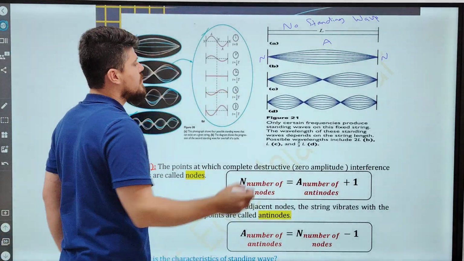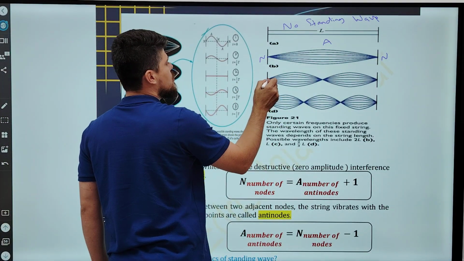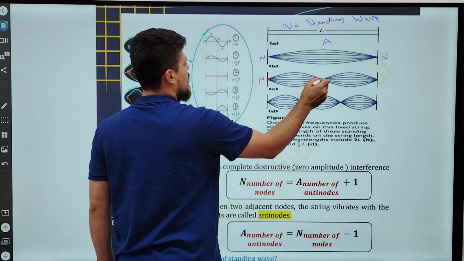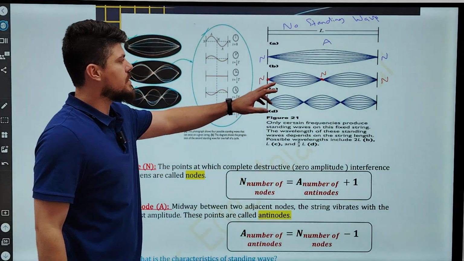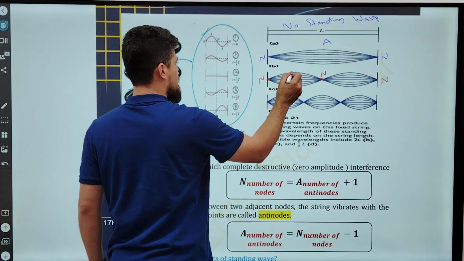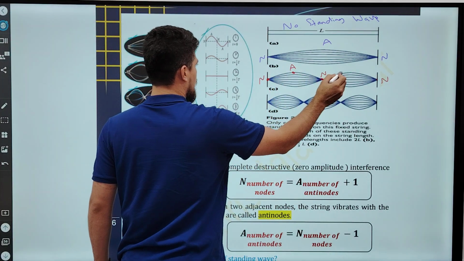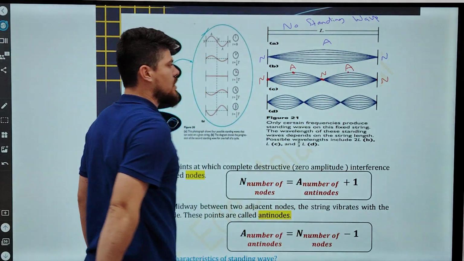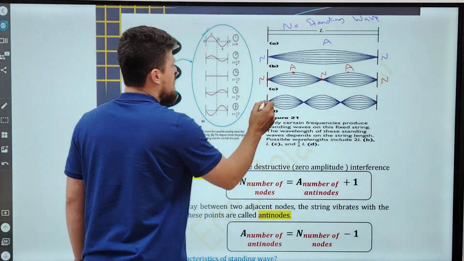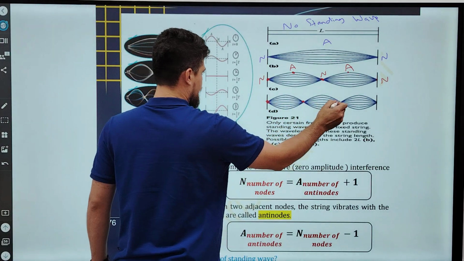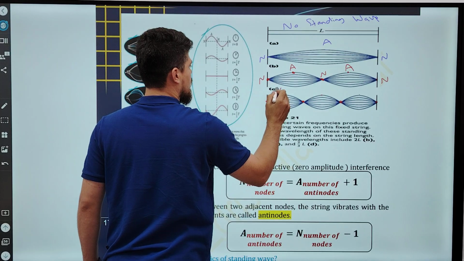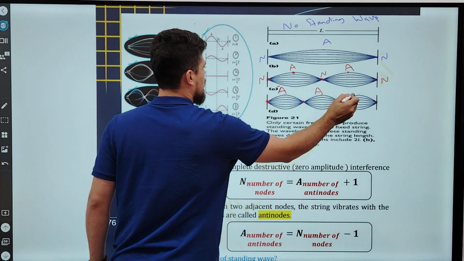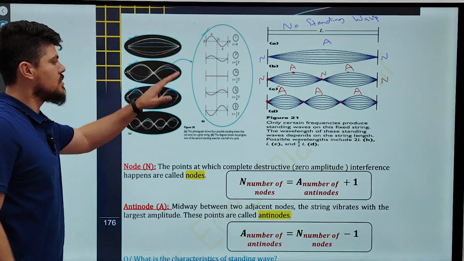The third one, figure C, how many nodes do we have? 1, 2, 3. Okay, the dot represents the node. The maximum displacement, how many antinodes do we have? 2 antinodes. Figure D, how many nodes do we have? 1, 2, 3, 4. How many antinodes do we have? 3. This is antinode, antinode, and antinode, and so on.